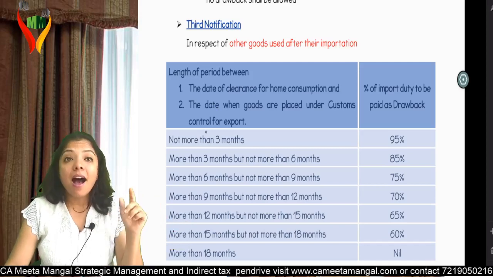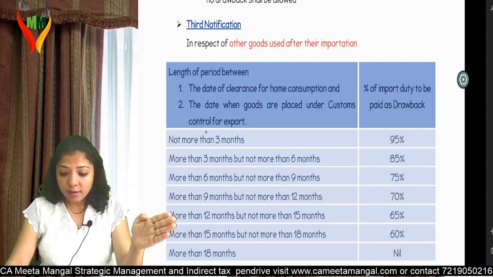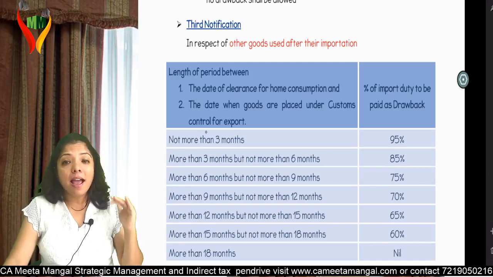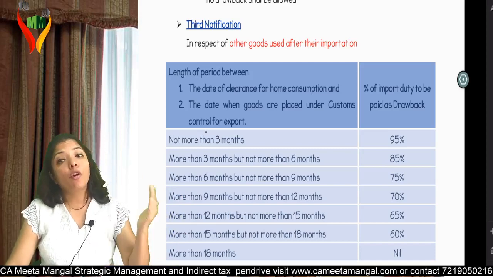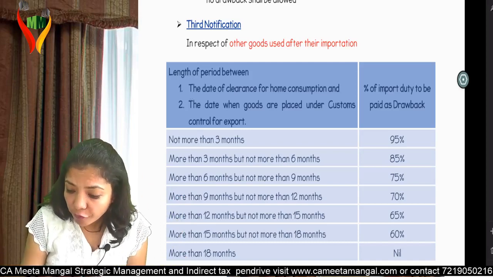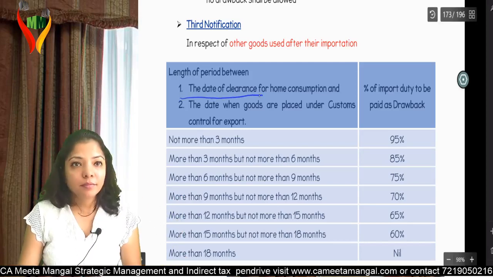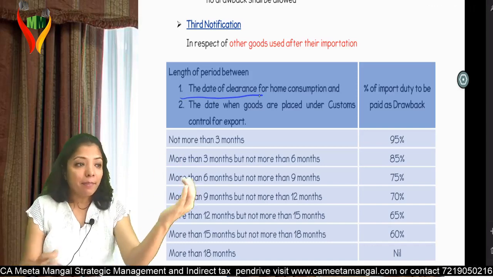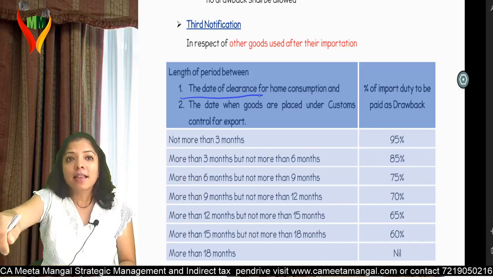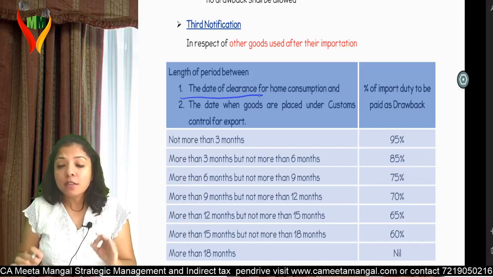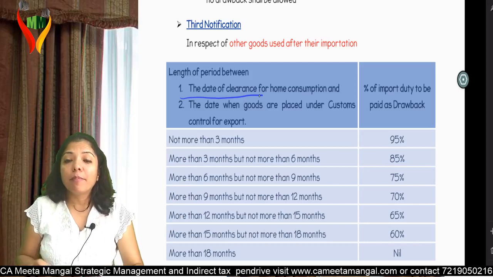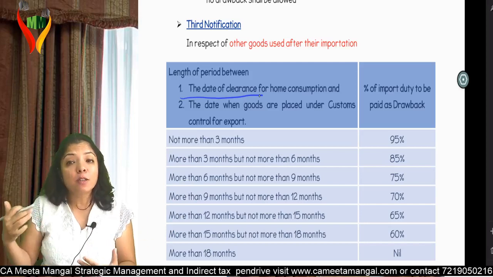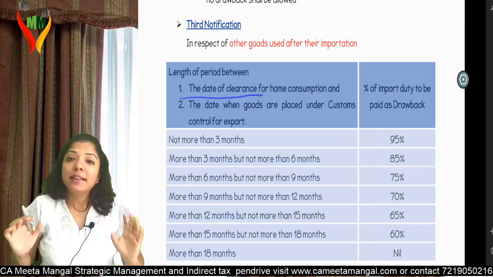That means I have imported the goods, submitted the bill of entry, paid the import duty, and got an order for clearance for home consumption. That is the day I got the goods. And second, the date when goods are placed under control for export. That means the day I submitted the shipping bill, got the let export order permission, and the goods are in their control.